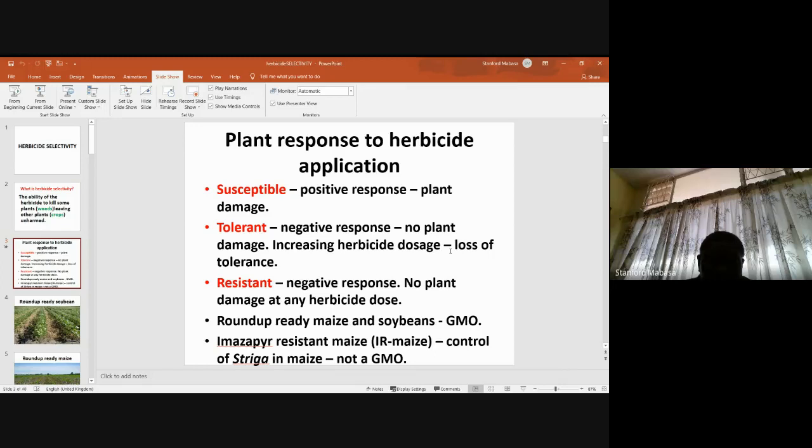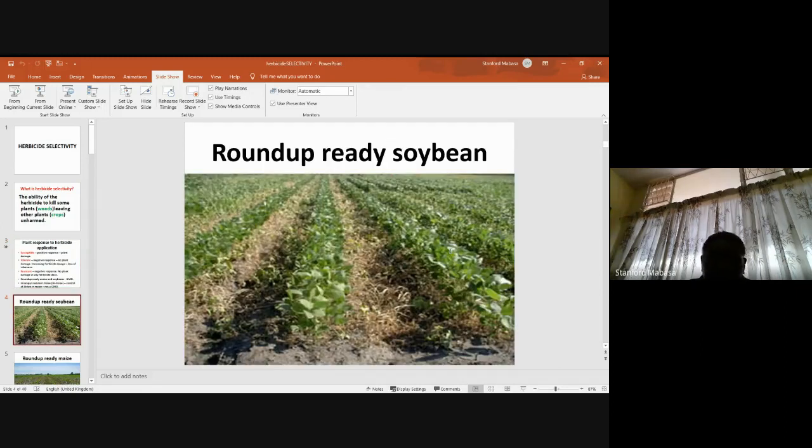We also have Mabasa-resistant maize, IR maize, where we control striga using the herbicide. This is not a genetically modified crop. This slide is showing a crop which was sprayed with the Roundup.